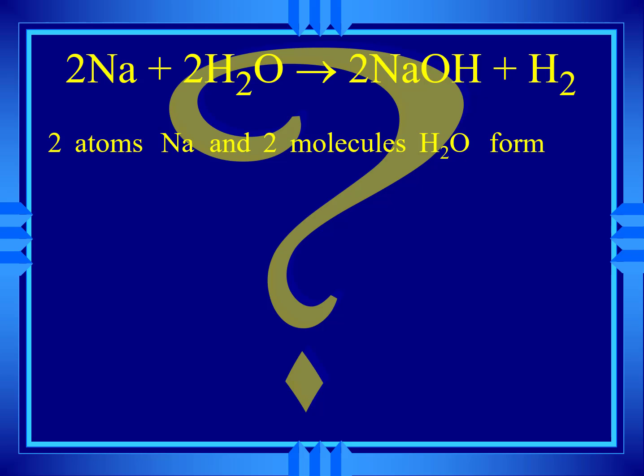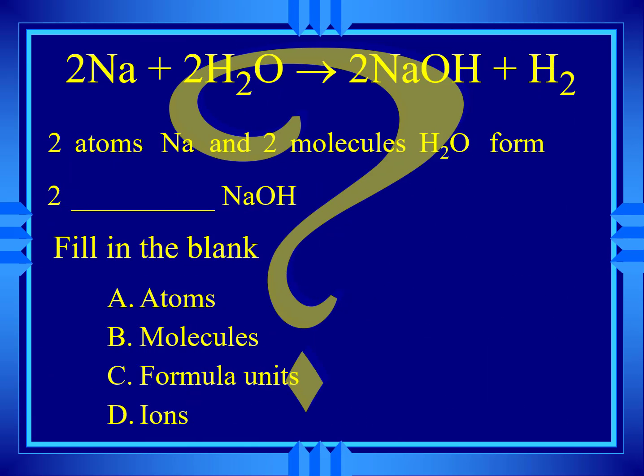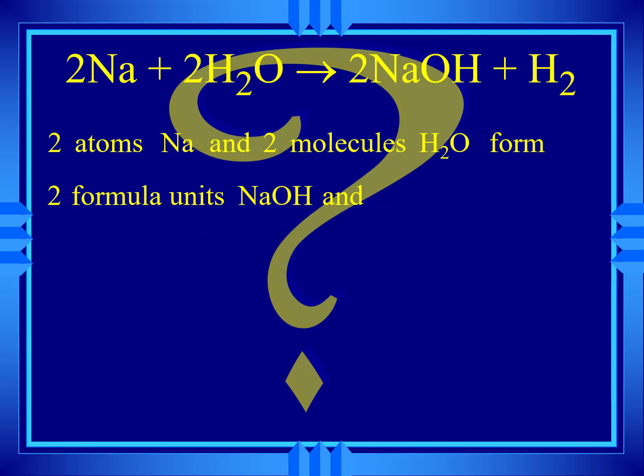They form 2 NaOH. Look at that first element, Na is a metal, so that tells me this is ionic. And if it's ionic, it's got to be a formula unit. And 1, I know if there's no coefficient, there's a 1 there. What kind of piece is H2?